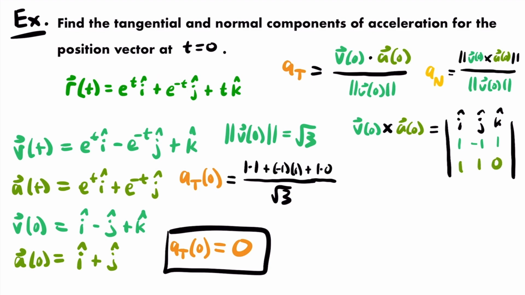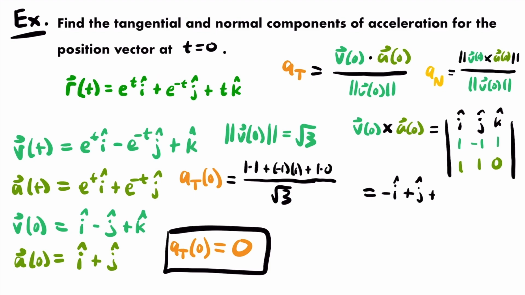All right, now taking this cross product, cover up the i column, -1 times 0 is 0, minus 1 times 1. That gives us -1 times i, or just -i. Then we subtract the j term, cover up the j column, 1 times 0 is 0, minus 1 times 1, which would give us -1. So we're subtracting -1 times j, which means we just have plus j.